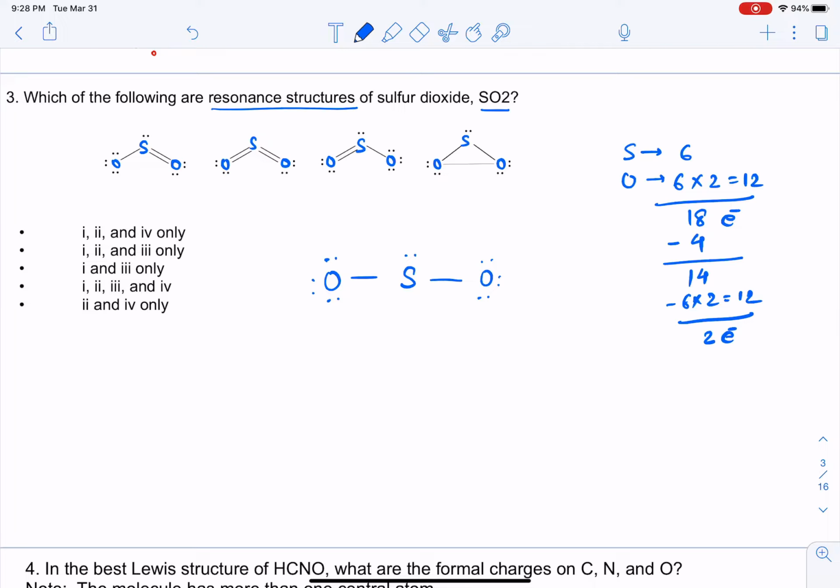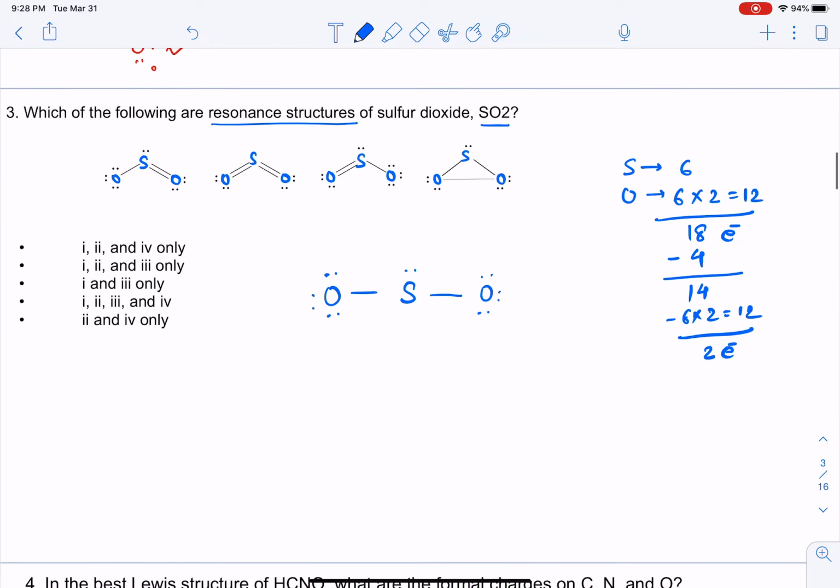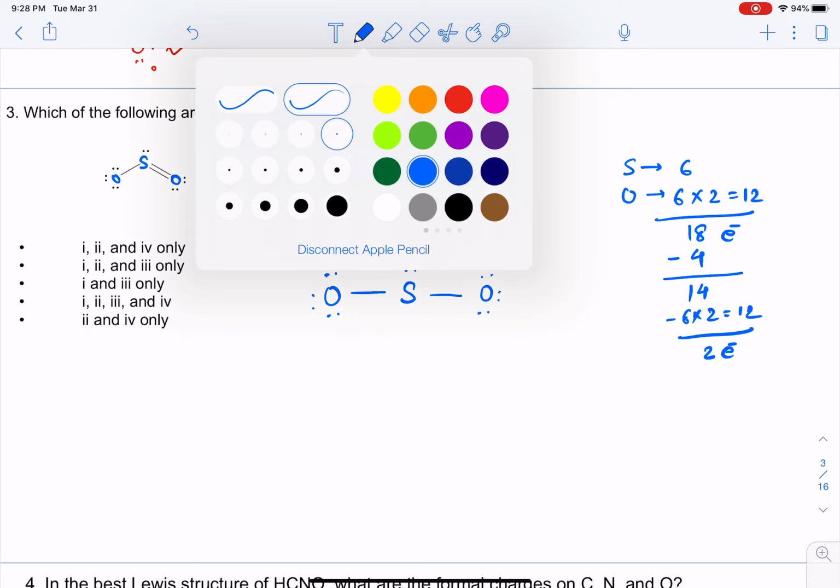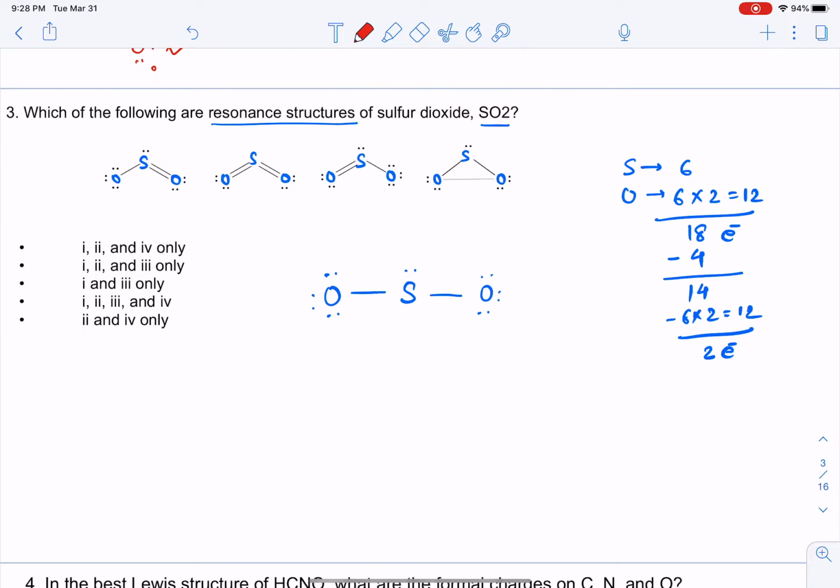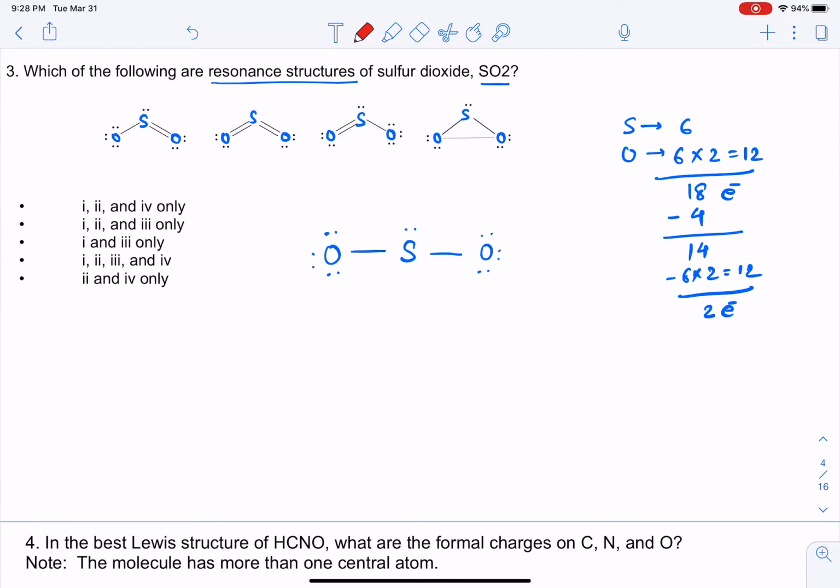Now if you check the resonance structure, you will first check whether it's forming an octet. So you see that sulfur is having 6 electrons, it's not having 8 electrons. Also oxygen is having a -1 formal charge. Again, I can calculate the formal charge on oxygen if you want.